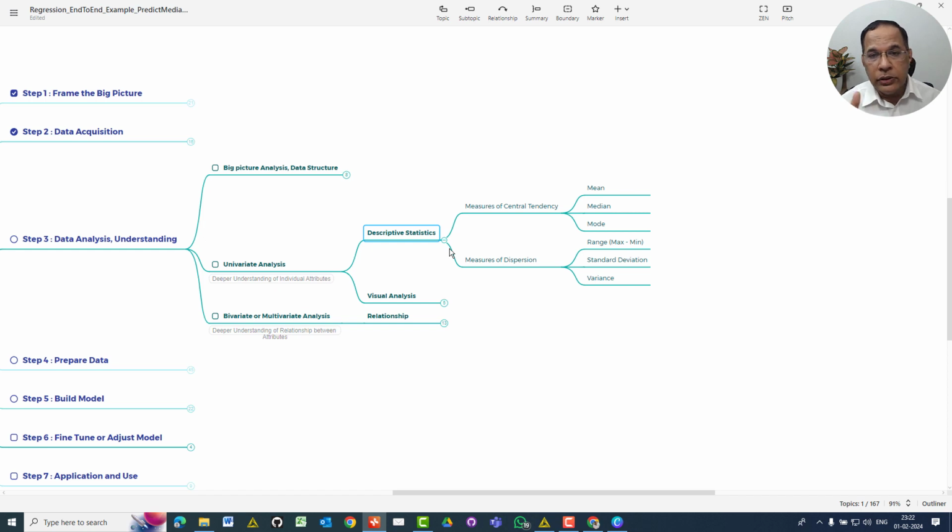Now the second step is, for each of the other attributes, I want to understand what the data is representing, right? How is it distributed? How is the data made available? So let's say, for example, we look at median age of the houses, right? Now the age of the house can be 5 years to 6 years to 20 years to 30 years, right? Now we want to know some of these numbers that will help me quickly understand what this data is, right?